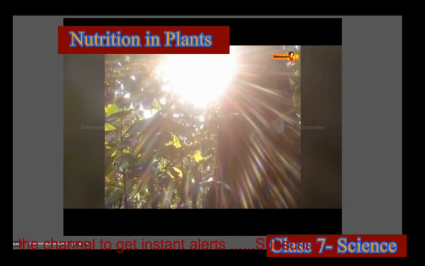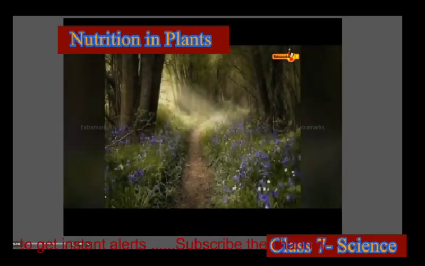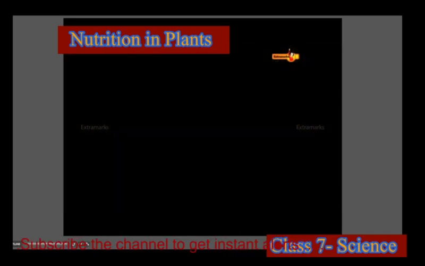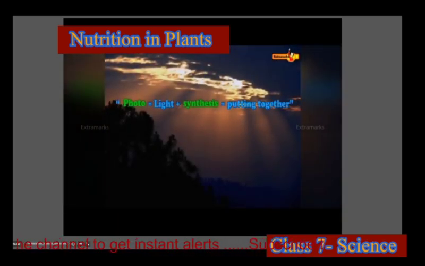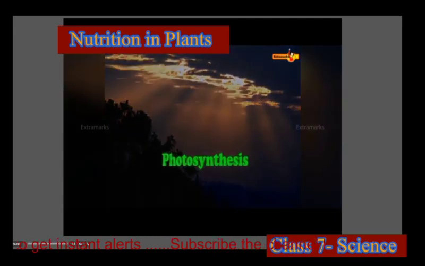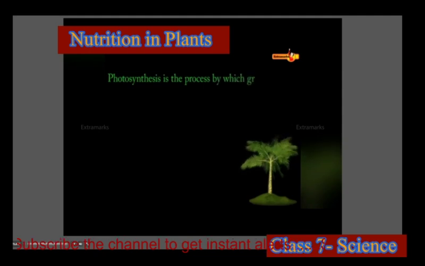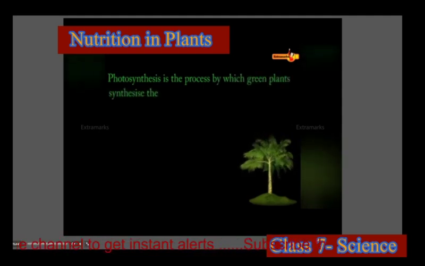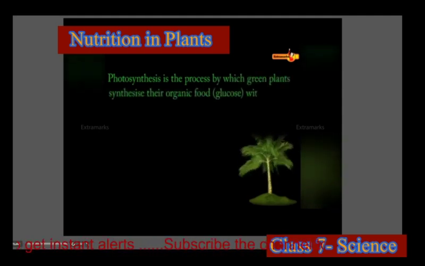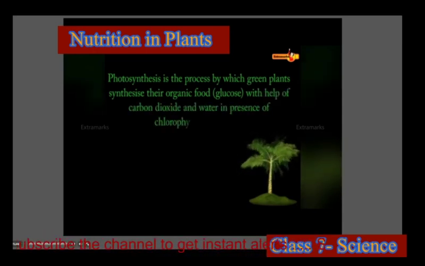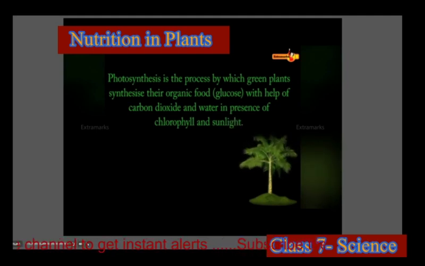Light energy is one of the major factors that contribute in process of photosynthesis. Photosynthesis is the process by which green plants synthesize their organic food with the help of carbon dioxide and water in presence of chlorophyll and sunlight to produce sugar and molecular oxygen.